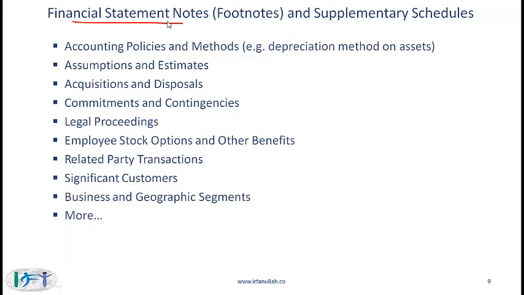The financial statement notes and supplementary schedules provide a tremendous amount of additional information that is not explicitly available in the balance sheet, income statement, or cash flow statement. And examples of what you will see in the notes and supplementary schedules is given right here. If you have not done so before, I would strongly encourage you to look at the financial statements of a few companies.